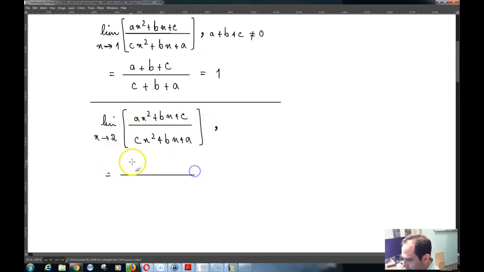This will give you a times 2 squared, which is 4a, plus 2b plus c. And this is basically 4 times c plus 2 times b plus a.